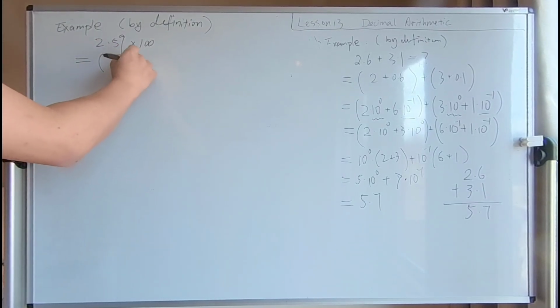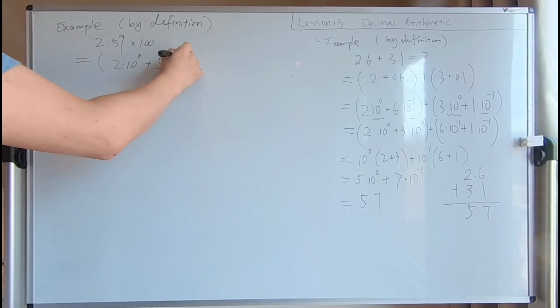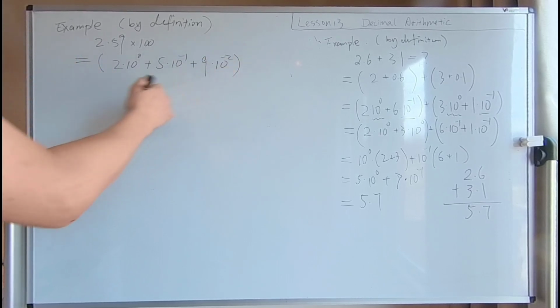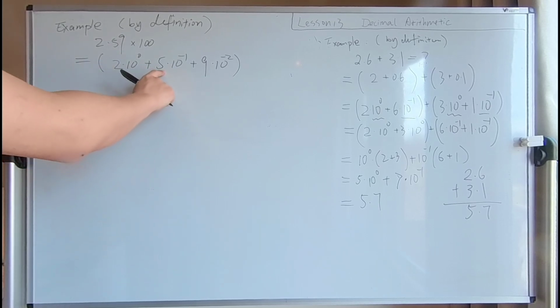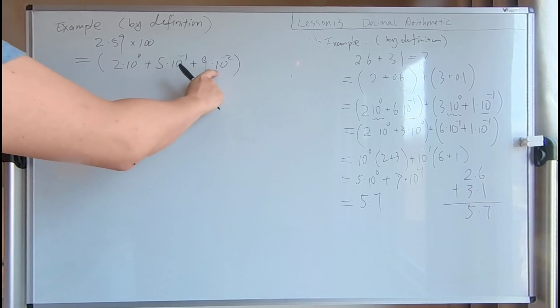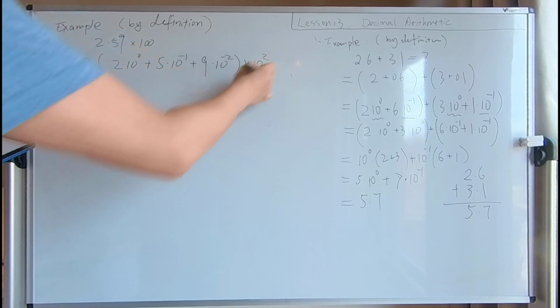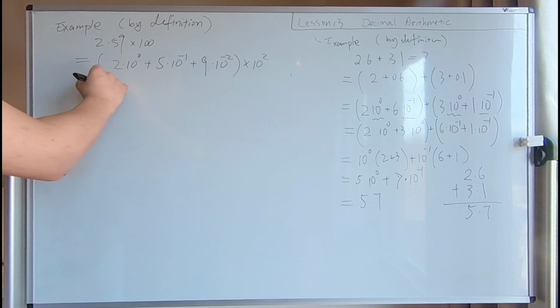So if I'm quickly writing out the first decimal number by separating each digit with the corresponding location in the base 10 number system, I can write my decimal number as 2 times the 1st digit plus 5 times the 10th digit, and then 9 times the 100th digit. Multiplied by 100, which is 10 to the power of 2. Now this is just the redistribution of multiplication.